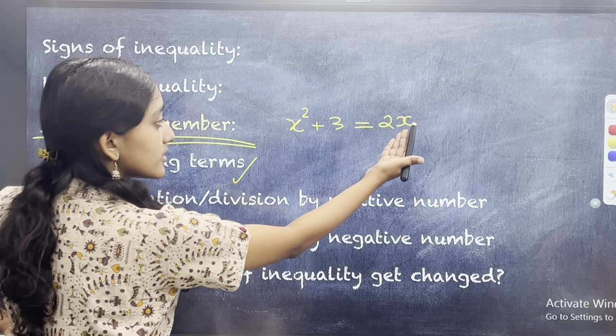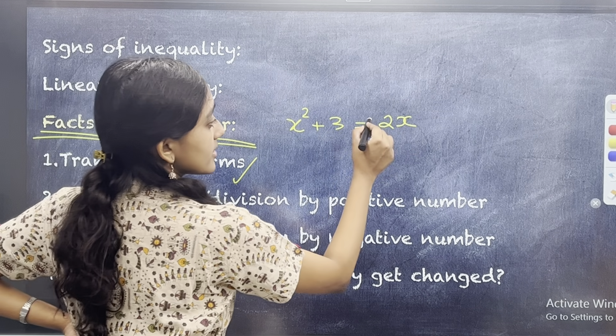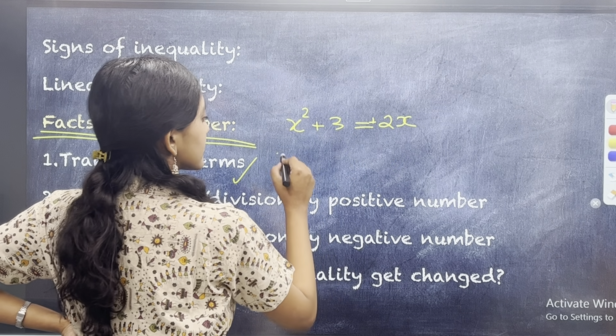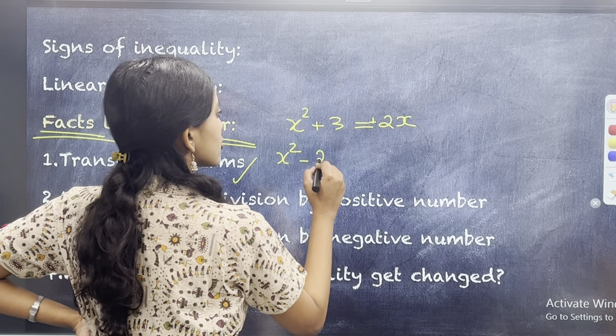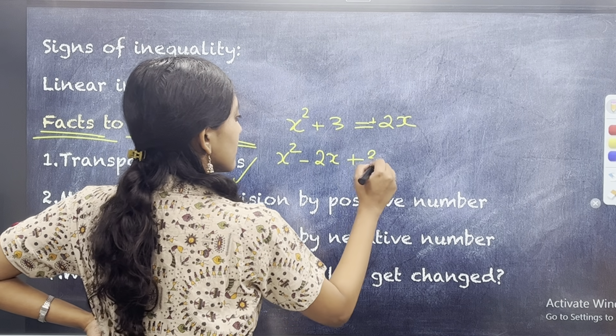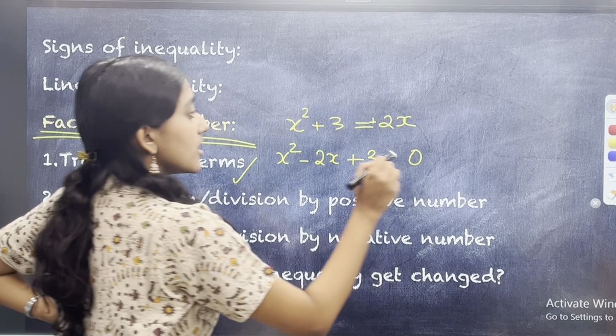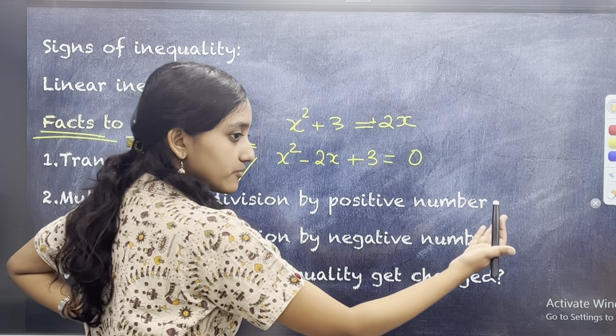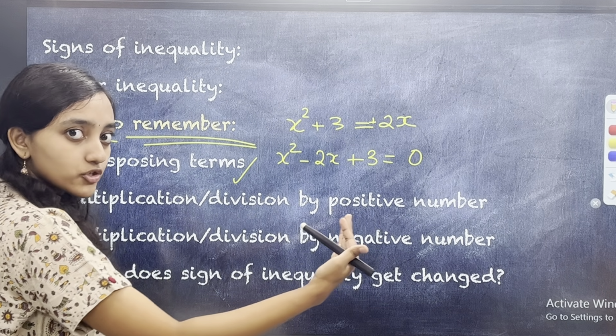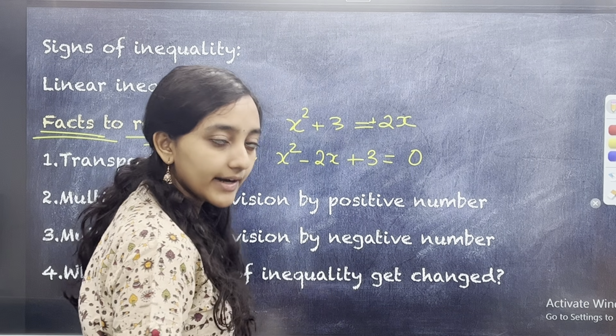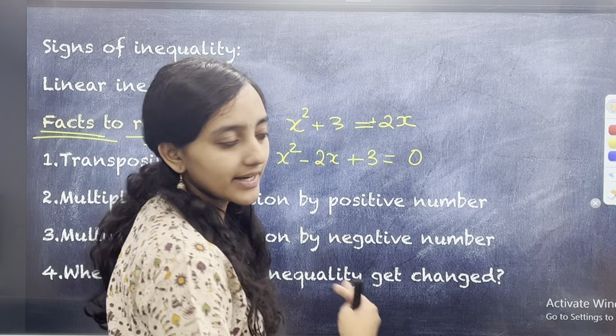You want to bring this 2x to this side. यहाँ पे it is positive. When you bring it this side, x square minus 2x plus 3 is equal to 0 हो जाएगा. Basically, right side पे जब था, it was positive in nature. When you move it to the other side, it becomes the opposite sign, which is negative.